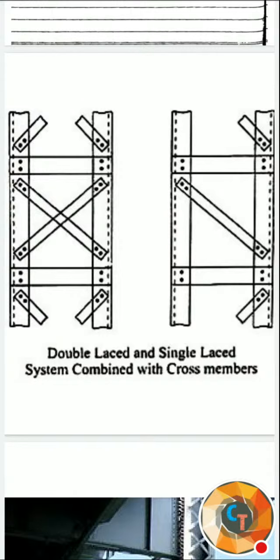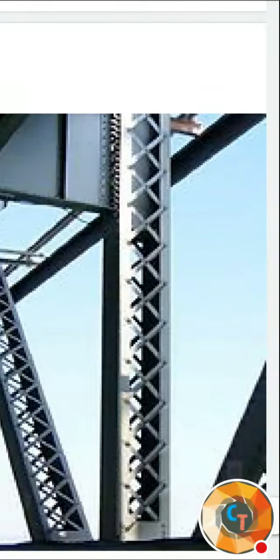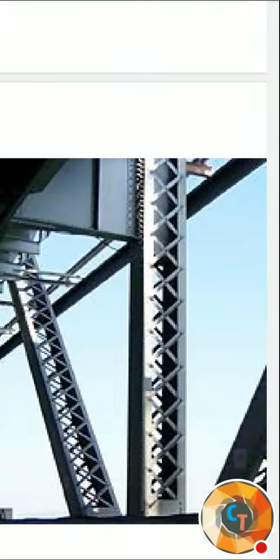Only one member is used in single lacing, whereas here it is a double lacing system. Horizontal members are connected, right? Whatever horizontal strips are there, it is batten, whereas the diagonal strips we call a lacing system. Here you can see the actual double lacing system in this figure.